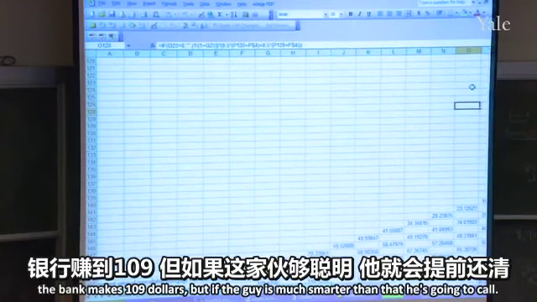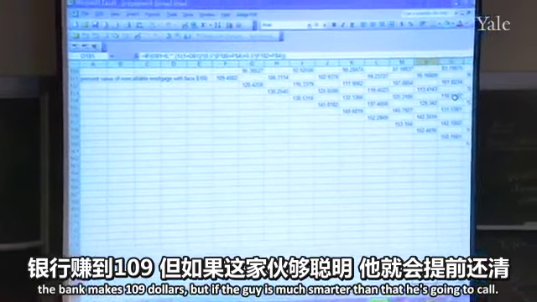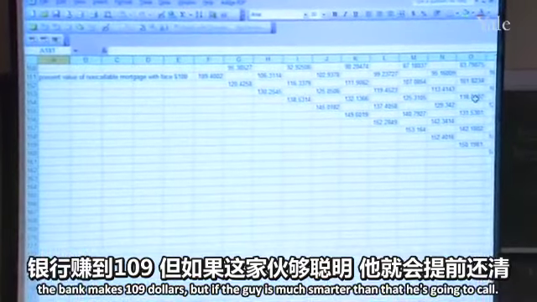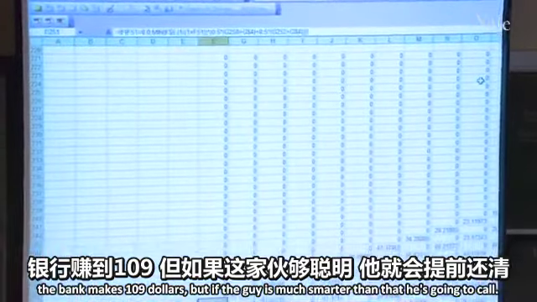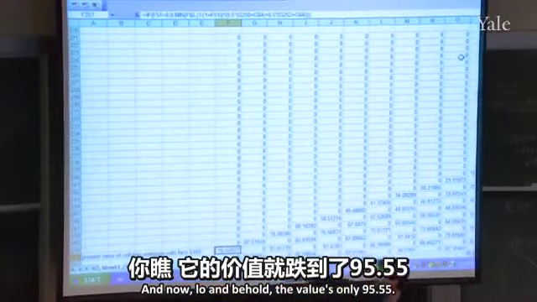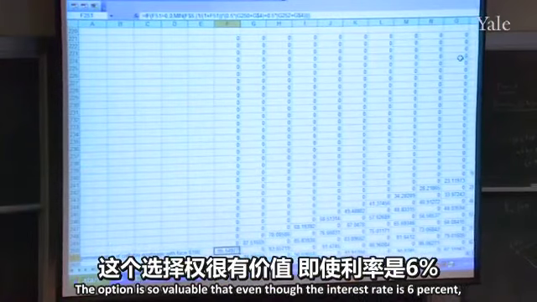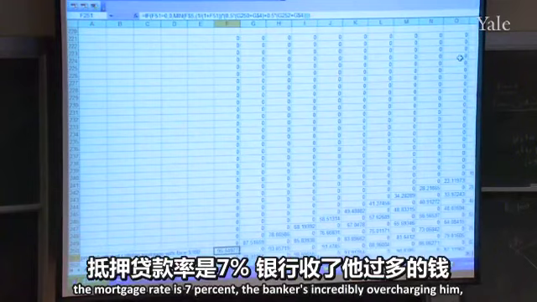But if the guy is much smarter than that, he's going to call, and now, lo and behold, the value is only 95.55. Okay, the option is so valuable that even though the interest rate starts at 6%, the mortgage rate is 7%.